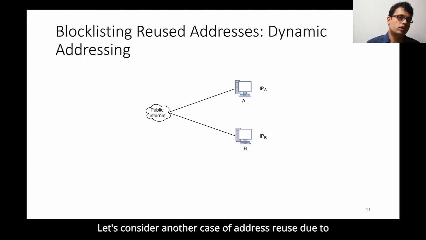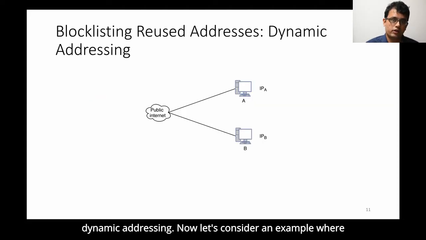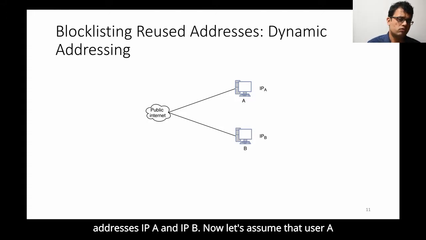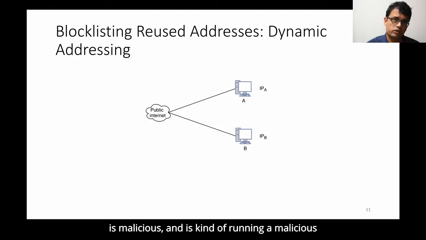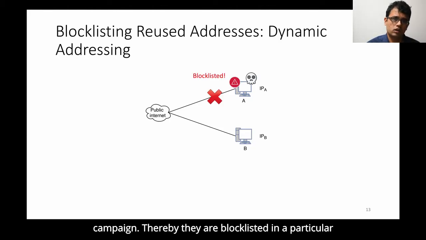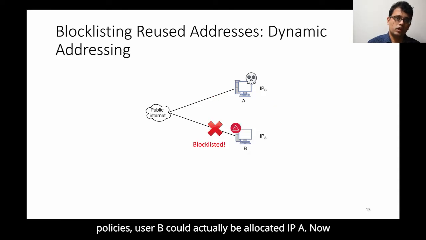Let's consider another case of address reuse due to dynamic addressing. Consider an example where there are two users, A and B, who are allocated IP addresses IPA and IPB. Let's assume that user A is malicious and is running a malicious campaign, thereby they are blocklisted in a particular blocklist. Over time, due to dynamic addressing policies, user B could be allocated IPA because of some particular policy.